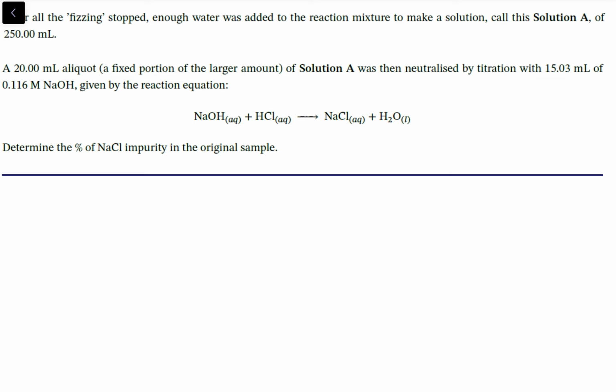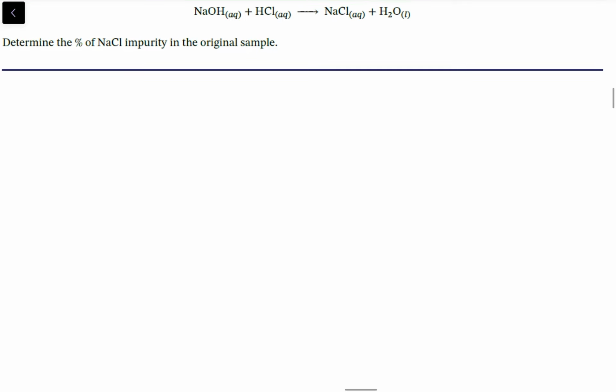Okay, so let's draw schematically where we start in this situation. We start with typically a volumetric flask, a 250 mil volumetric flask, and we will have our little sample, a little heaped pile of powder, and that is our sample.